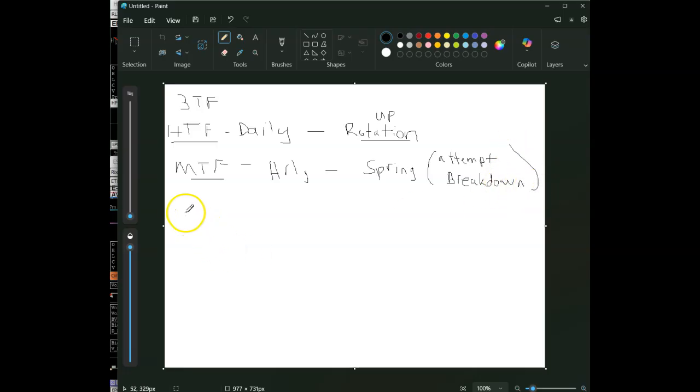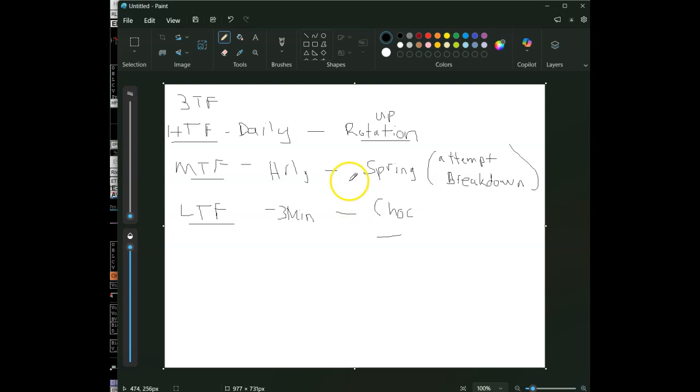All right. Then on the attempted breakdown, what we want to see on, let's say, a 3-minute, you could also use a 5-minute, is a change of character or a change of behavior.